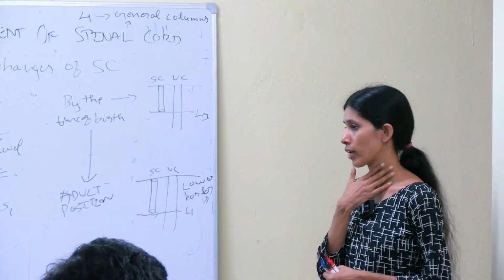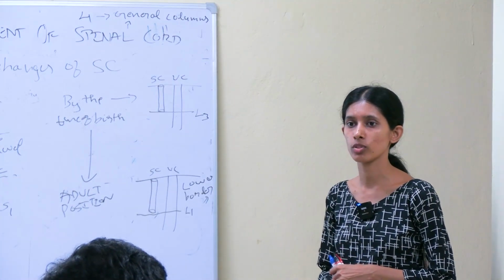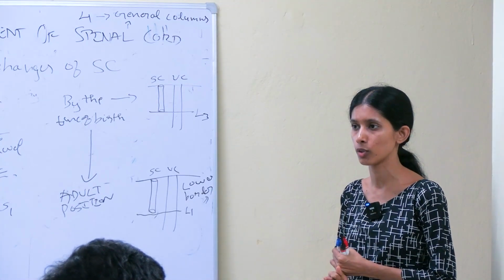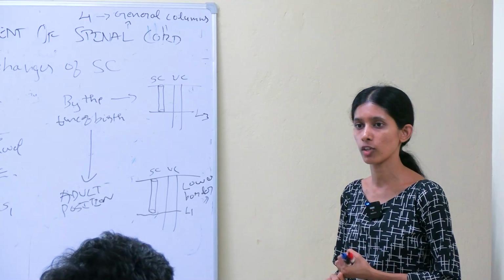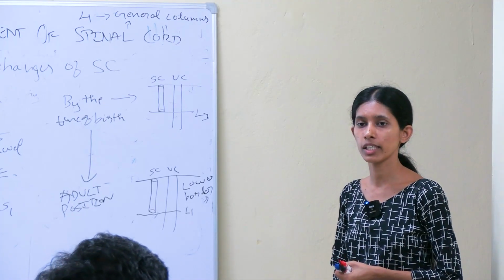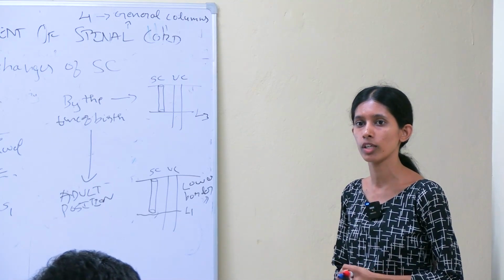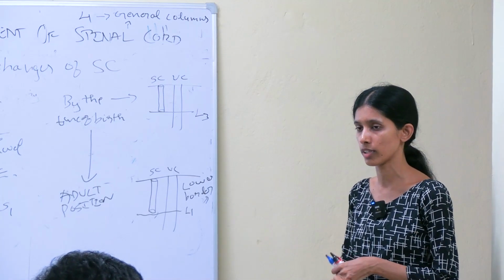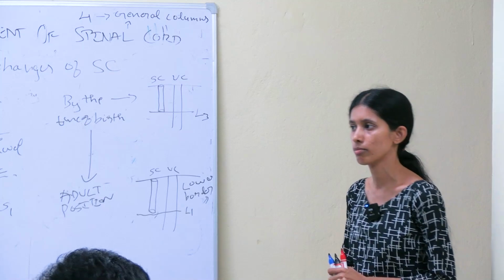For the development of the spinal cord, first you have to start with the histogenesis of the neural tube, followed by the development of functional components, then the positional changes. Then for the clinical anatomy, you can write the neural tube defects. What are the neural tube defects we learned in the previous session?